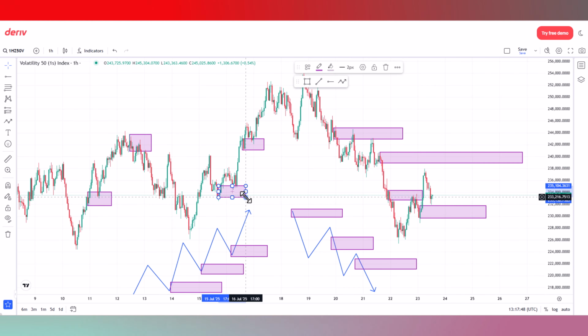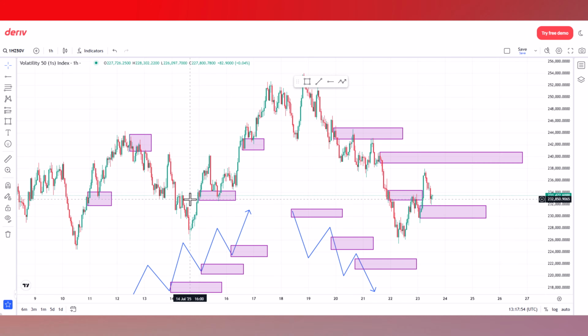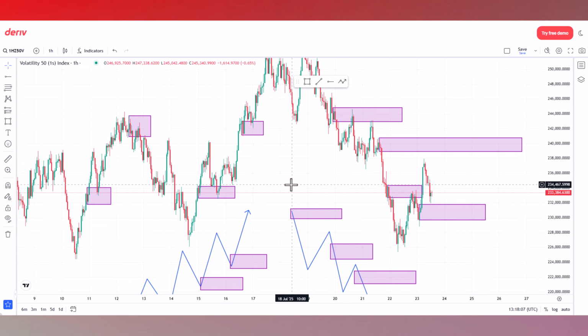So you are not using this order block in this area. You are looking at this particular order block right here. And what are you seeing here? Price has taken out this high, and here it has created an equal high. So this particular order block is what you are going to be using to map out your trade.